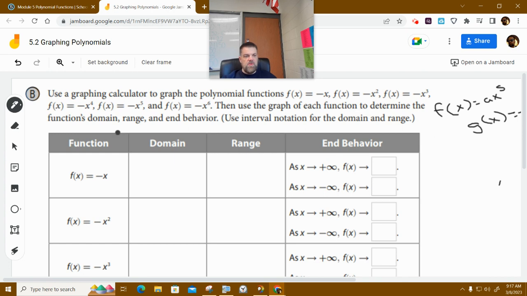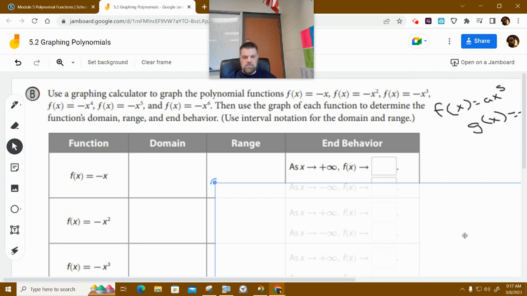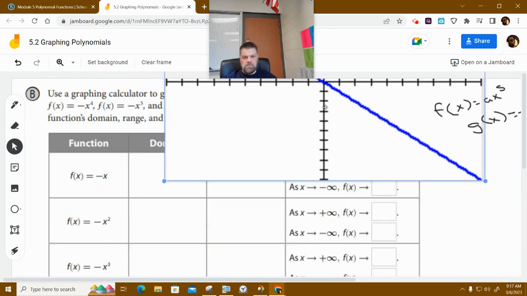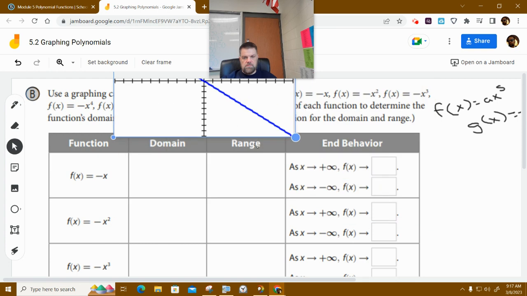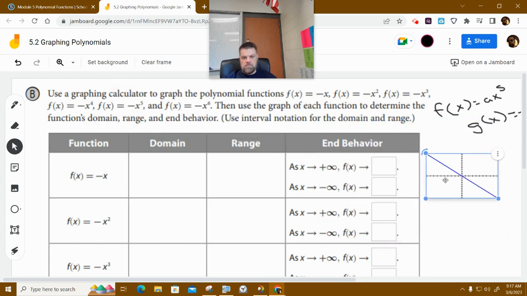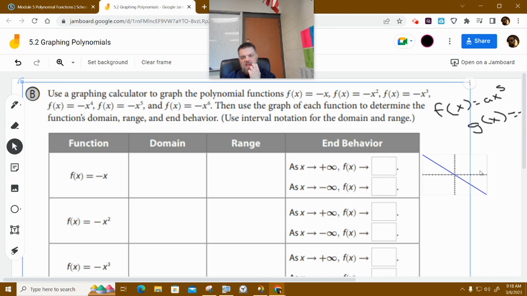So I'm going to put this in here. So yesterday that was the other way around, right? So what it does is it just flips it upside down.